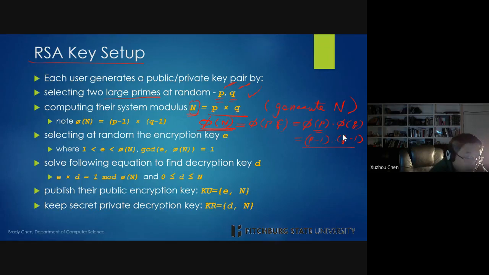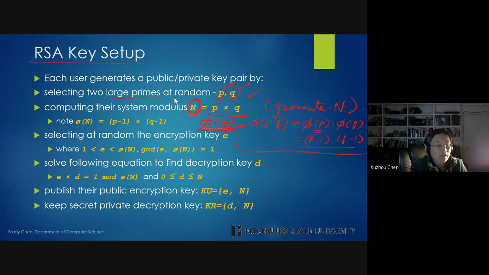Now, my claim is, if I keep p and q secret, and they are extremely big prime numbers, and I publish the number n, people still cannot factor n. People still cannot find p and q.